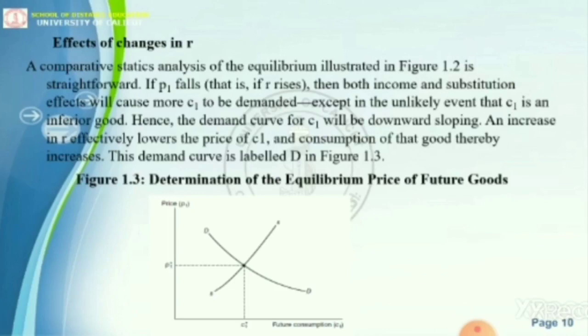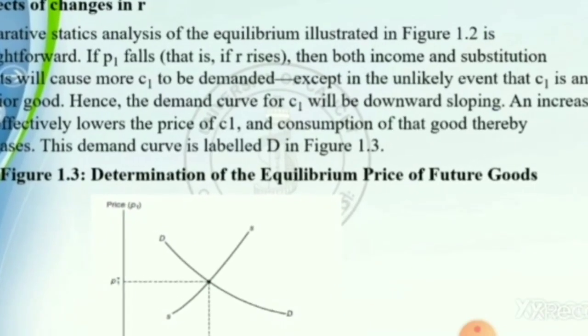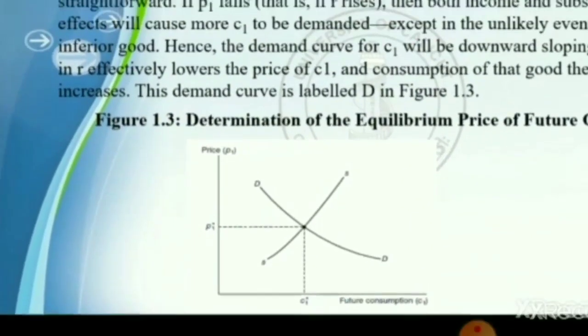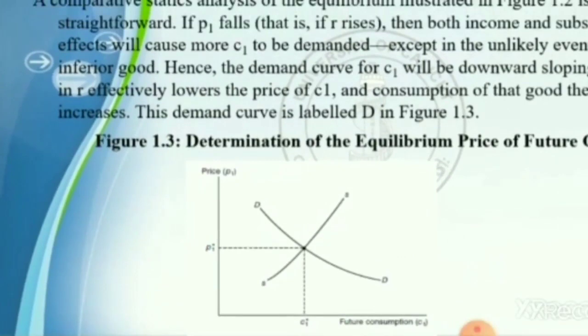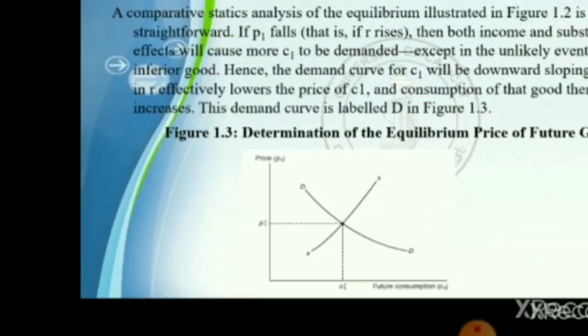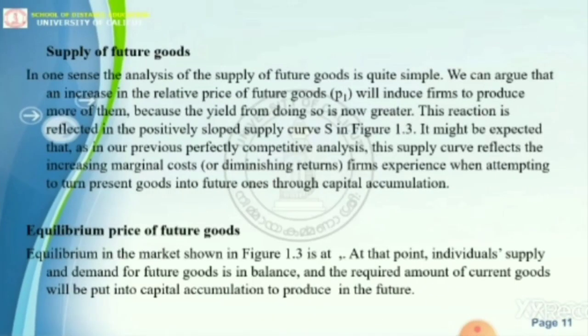An increase in R effectively lowers the price of C1 and consumption of that good thereby increases. This demand curve is labeled D in figure 1.3, right? Here is the market equilibrium point for future good. X represents the future consumption, Y represents the level of prices. Then demand is equal to supply. We have the equilibrium point and equilibrium price.